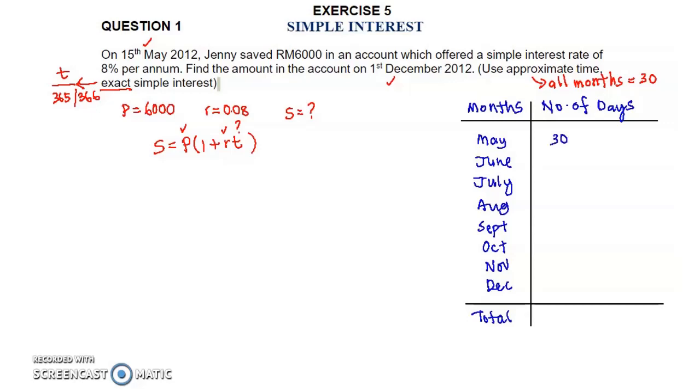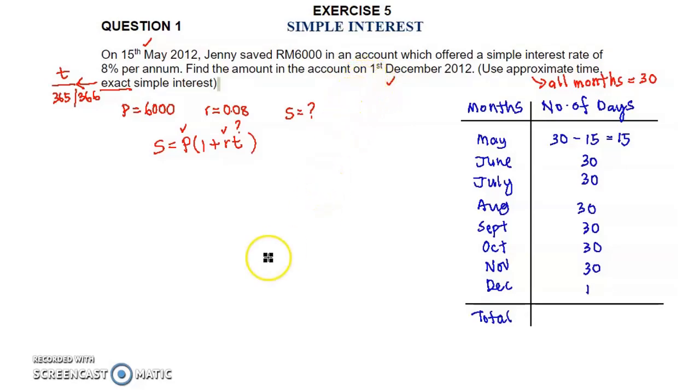May: 30 minus 15 equal to 15. June 30, July 30, August 30, September 30, October 30, November 30 as well. But December only 1, because the end date given here is 1st December.